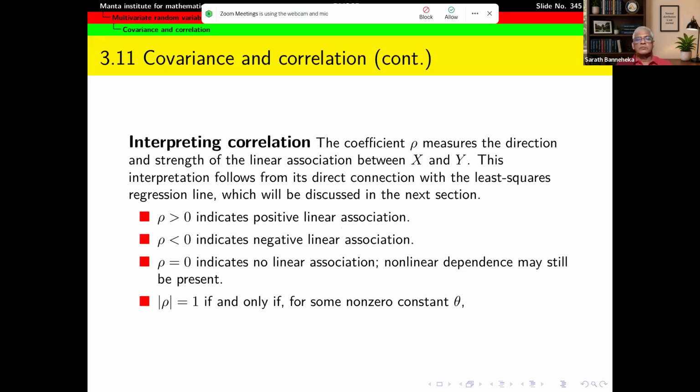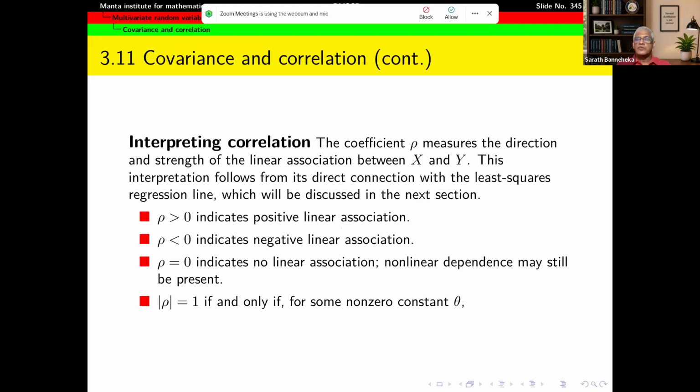Now, how do we interpret the value of this rho? We already know rho is going to be between -1 and +1. So it can be any decimal number. But depending on that, how do we usually interpret it?